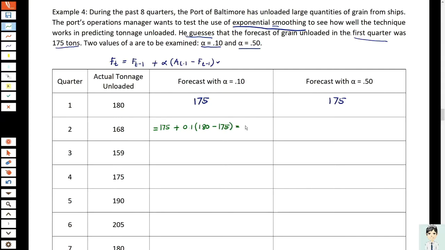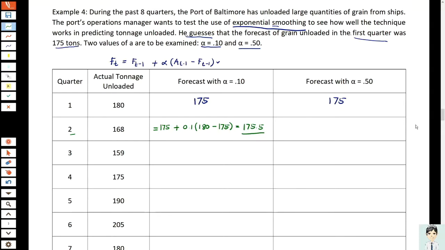So we now have 175.5. So our forecast for the second quarter is 175.5.